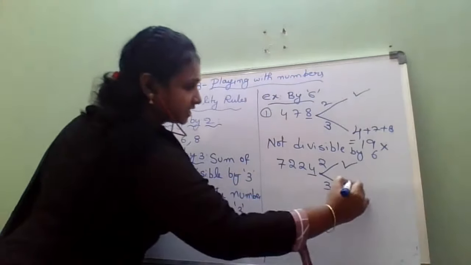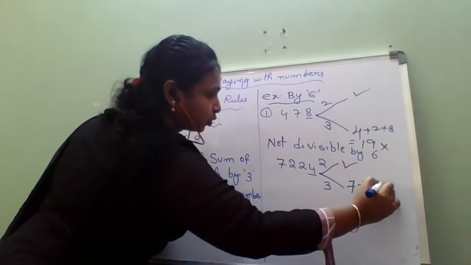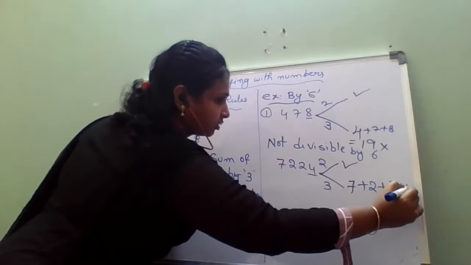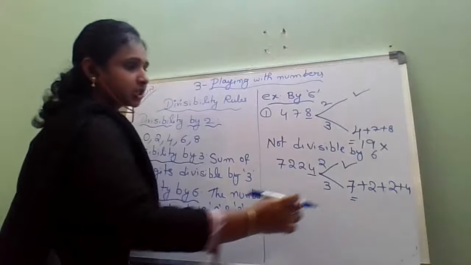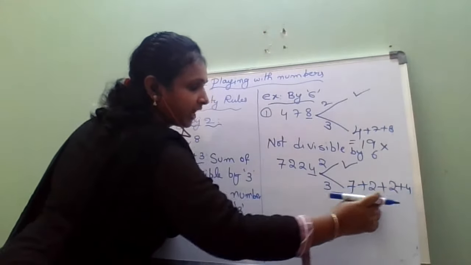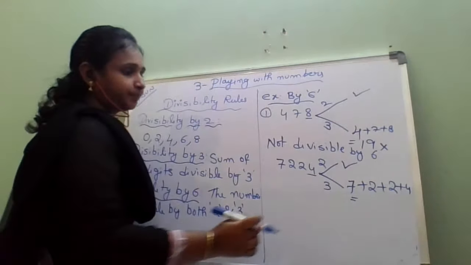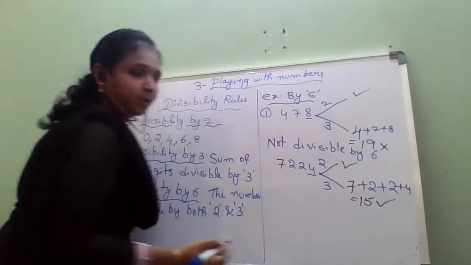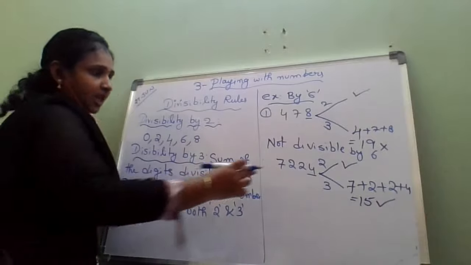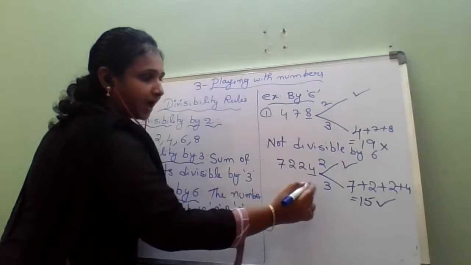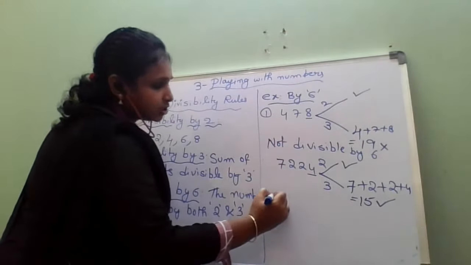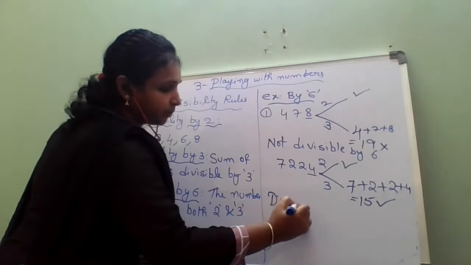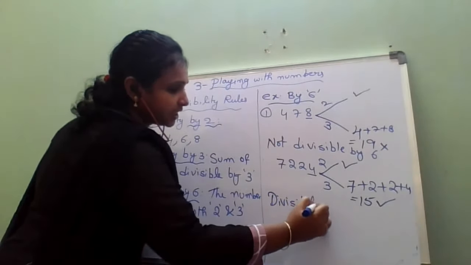Now the sum of the digits: 7 plus 2 plus 2 plus 4. 2 plus 2 is 4, plus 4 is 8, 8 plus 7 is 15. So 15 is divisible by 3. So this number is divisible by both 2 and 3. So this number is divisible by 6.